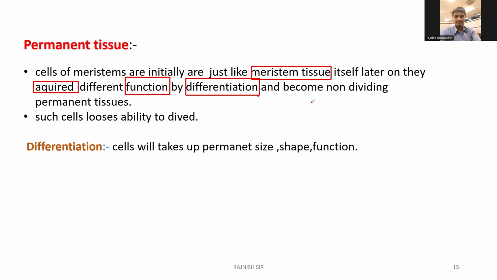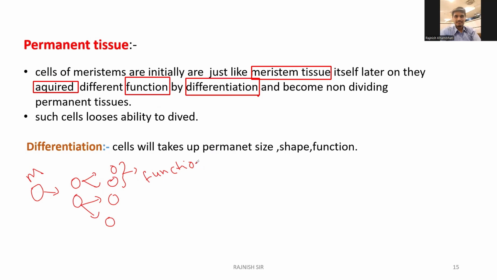which is known as permanent tissue. So let me just explain what is happening. For example, this is a meristematic tissue. I'm writing M, meristematic tissue. These meristematic tissues are continuously dividing cells. So their function is to divide, continuously divide, every time. But later on, their divided cells are acquiring a function.